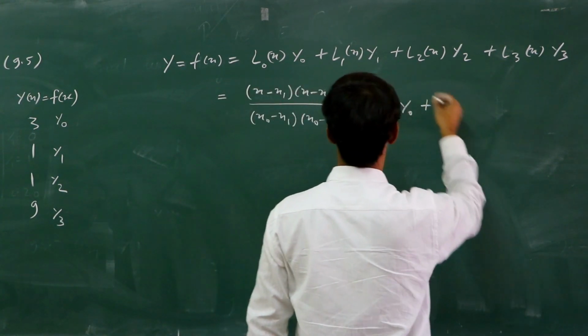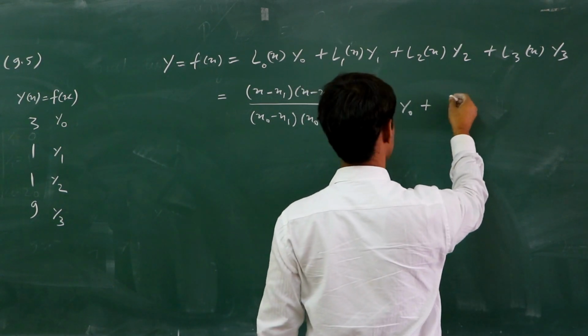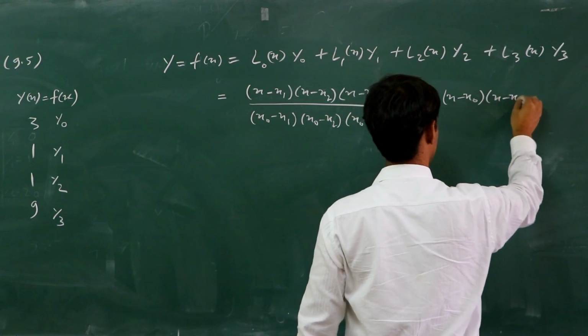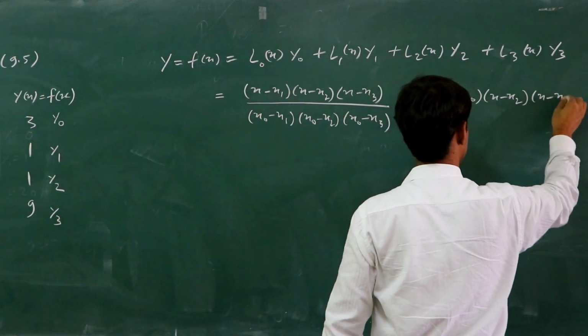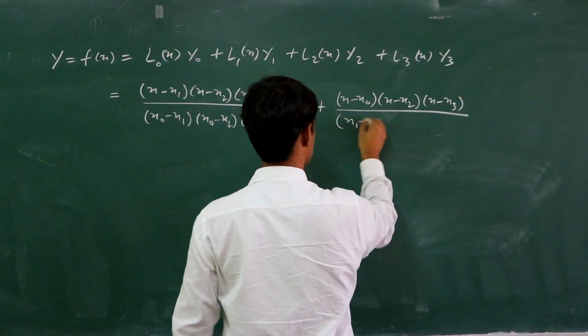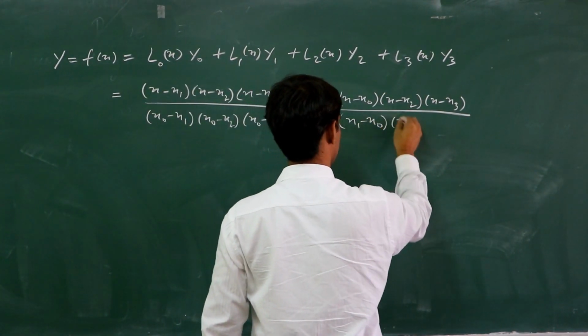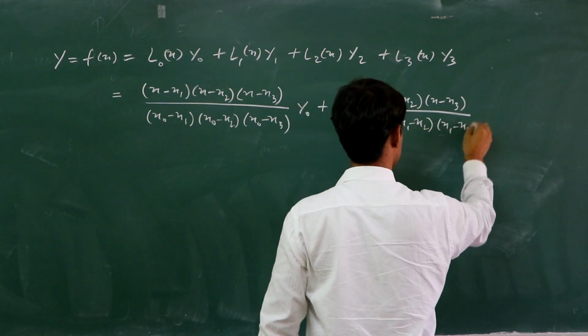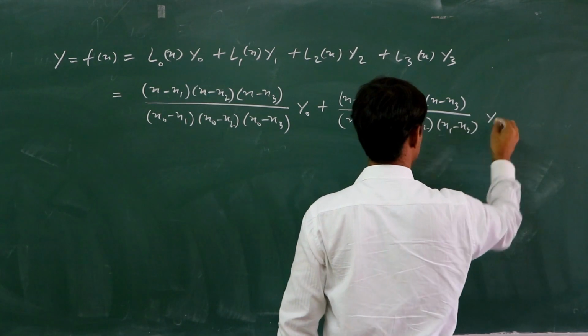Similarly we write L1x as x minus x0, x minus x2, x minus x3 divided by x1 minus x0, x1 minus x2, x1 minus x3, and this one is y1.